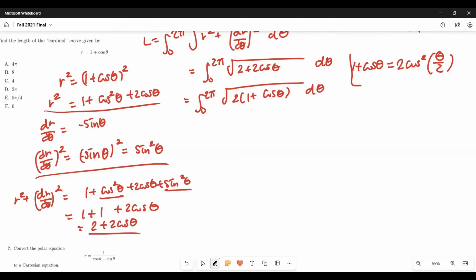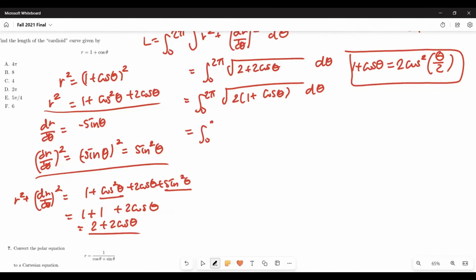You just have to remember this formula. Especially for the length of the cardioid, a lot of times it's going to be half-angle formulas, so you just have to remember what 1 plus cosine theta or 1 plus sine theta is. So in our case, it's 1 plus cosine theta, so 1 plus cosine theta is the same as 2 times cosine squared of theta over 2.